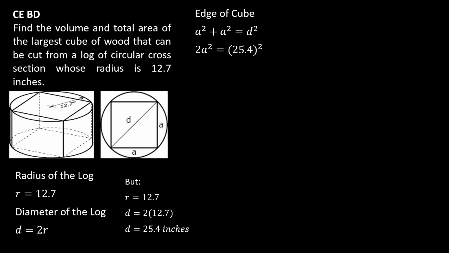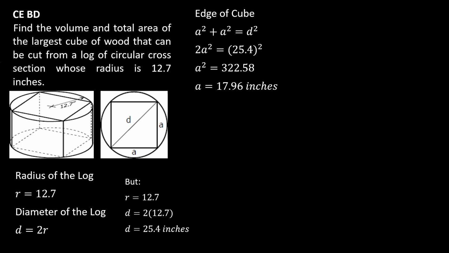Simplifying further, a squared is equal to 322.58. Extracting the square root of both sides, we have a final answer of a equal to 17.96 inches.